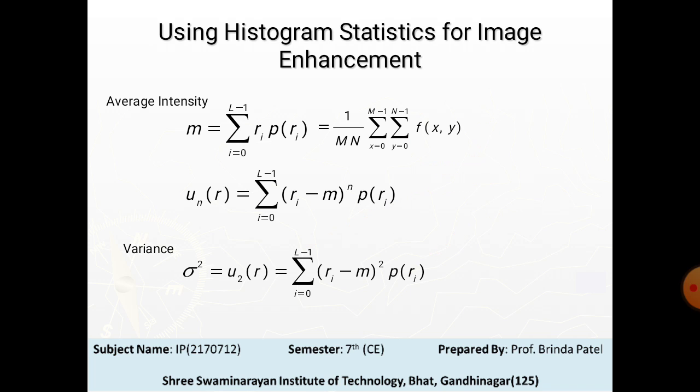It follows from the equation that μ_0 = 1, μ_1 = 0, and the second moment is given by this equation. And here the variance is 1/MN Σ_{x=0}^{M-1} Σ_{y=0}^{N-1} (f(x,y) − m)².